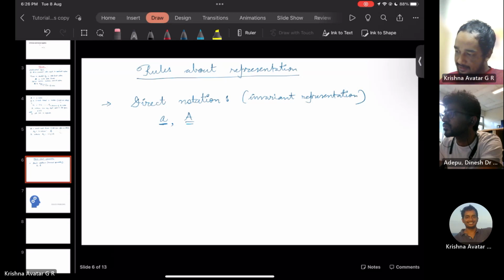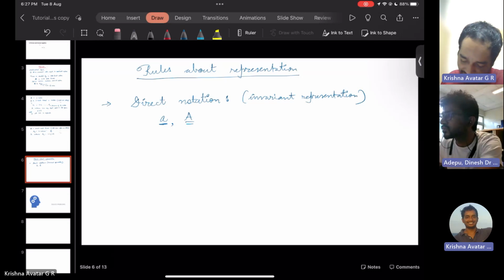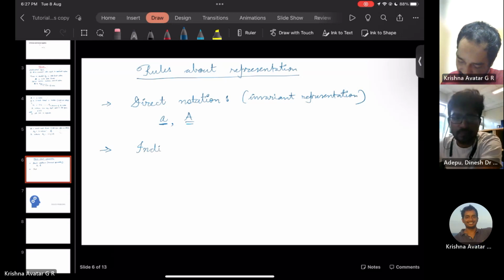But for any mathematical operations, we actually need to represent this tensor in a form which makes it amenable to computation. And that is where the need for indicial notation comes.